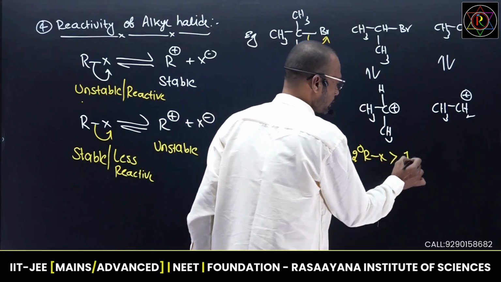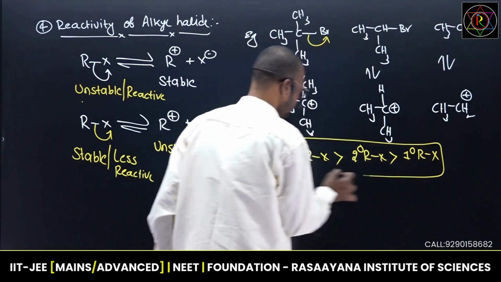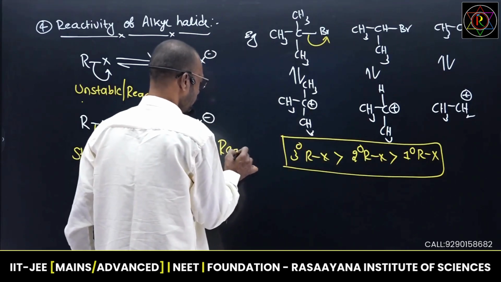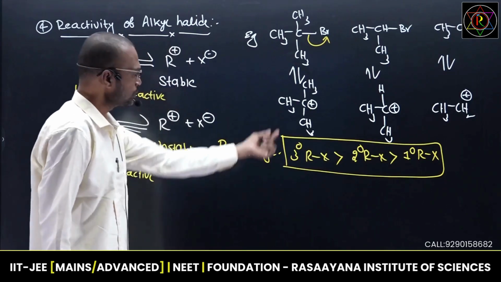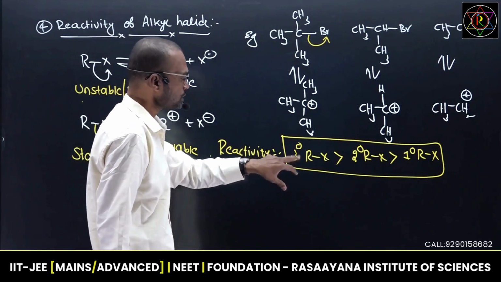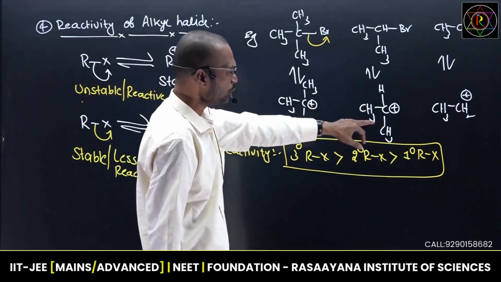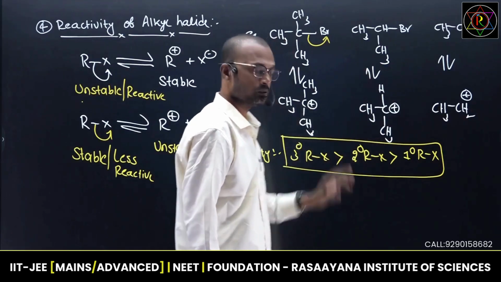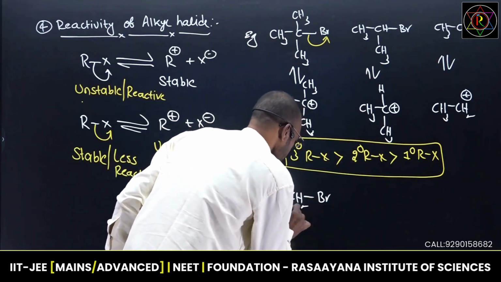Secondary alkyl halide is more reactive as compared to primary alkyl halide. So this is the complete reactivity order. Tertiary is more reactive because it is giving tertiary carbocation, followed by secondary, followed by primary.